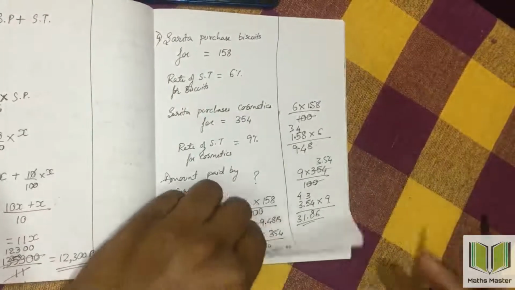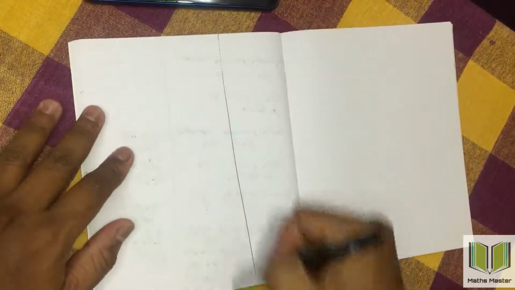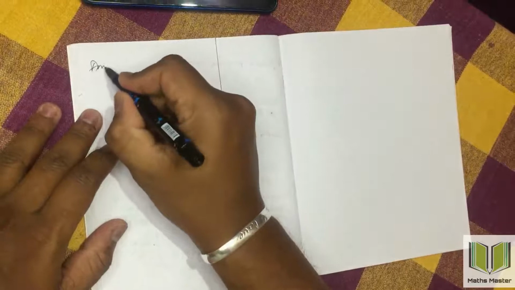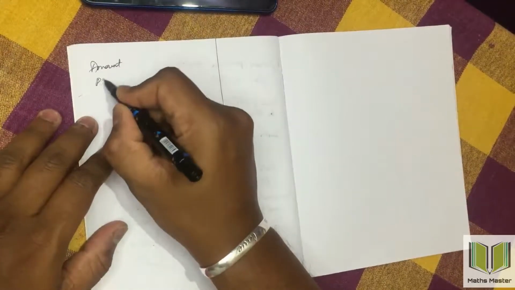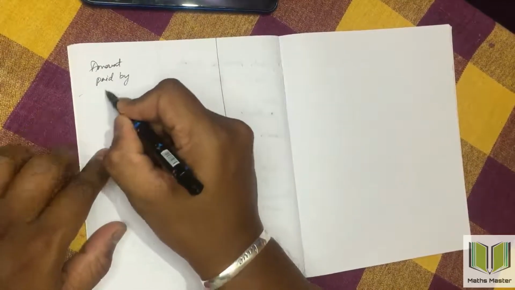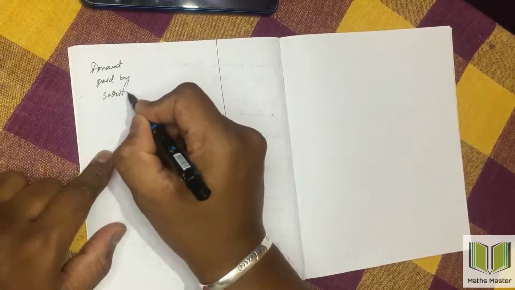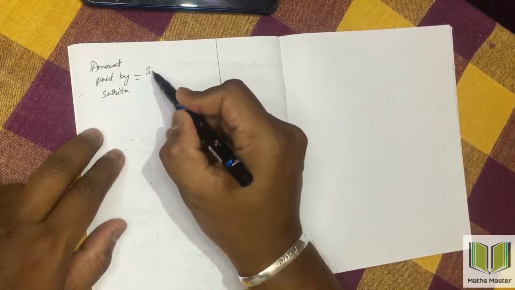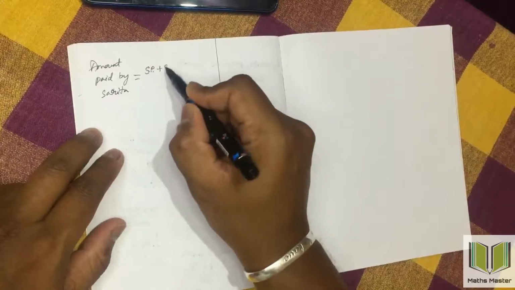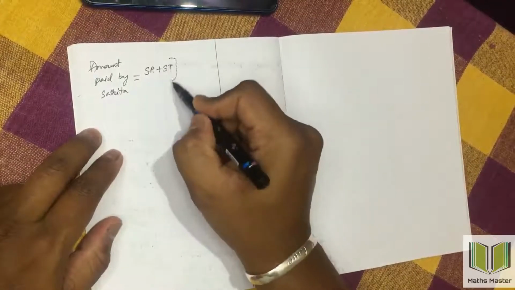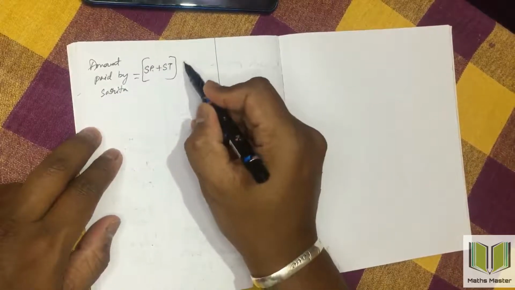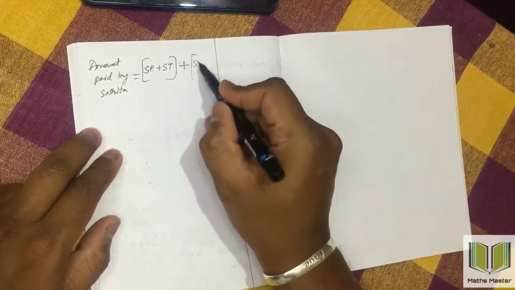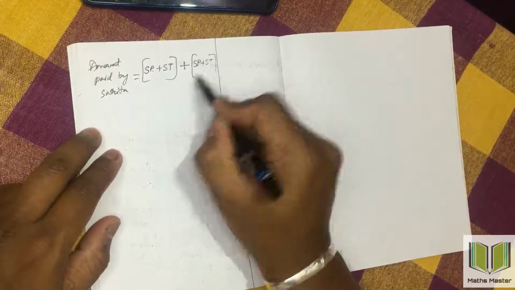Okay, sorry. Now we'll be seeing what is the amount paid by Sarita. Amount paid by Sarita is equal to sale price of biscuits plus sales tax. This is the first case, plus sale price plus sales tax of cosmetics.